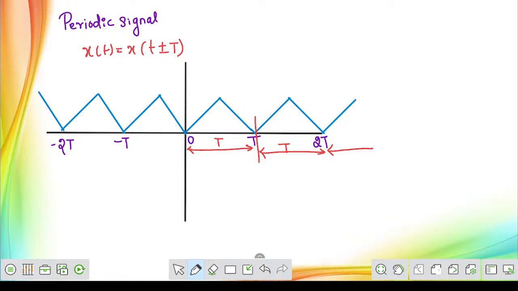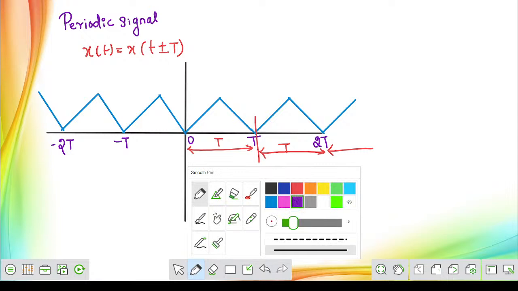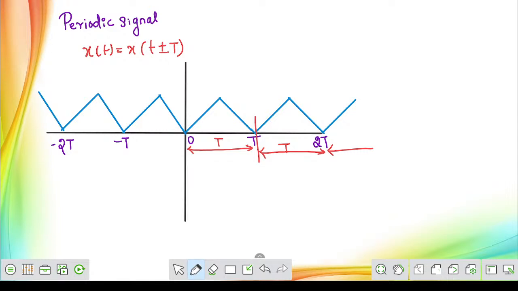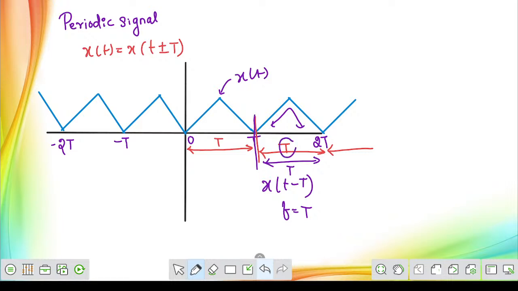So the finalized conclusion from here is, if I am treating the first signal as your x of t, then for the second signal, the total period will be T, but this signal will be starting at T. So this can be written as x of t minus T. x of t minus T means there is one more signal that will be starting at t equal to T. After that, it will be running over the same period, and it will be repeating the nature of x of t.